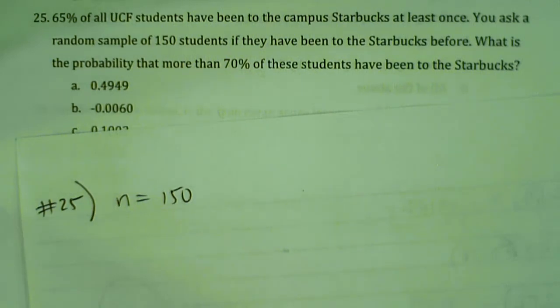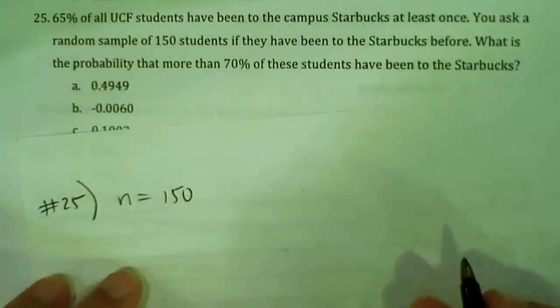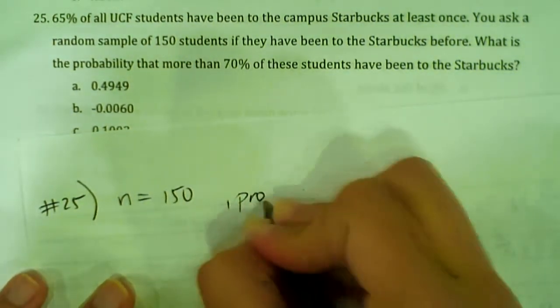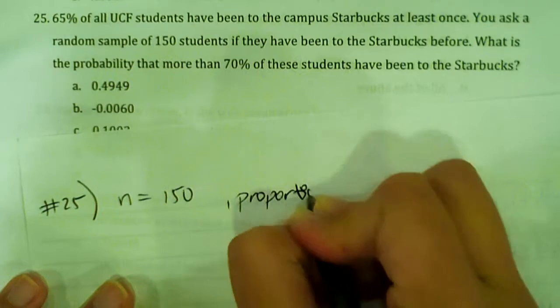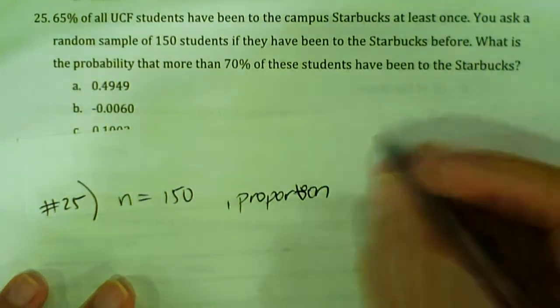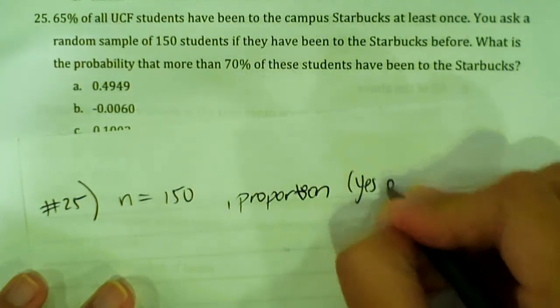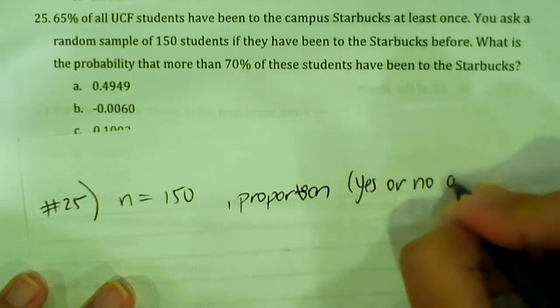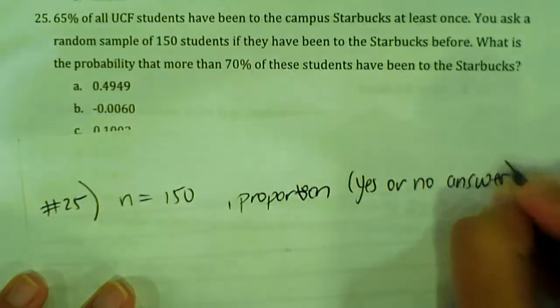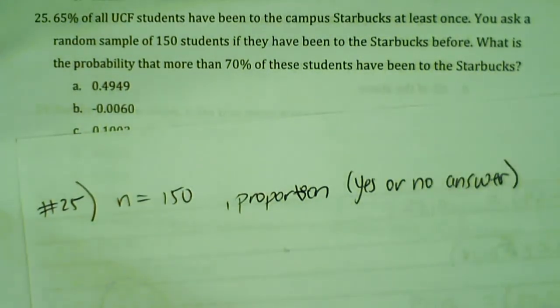So what's the formula for that? What do we use? We know that we're using the proportion. What do we do?